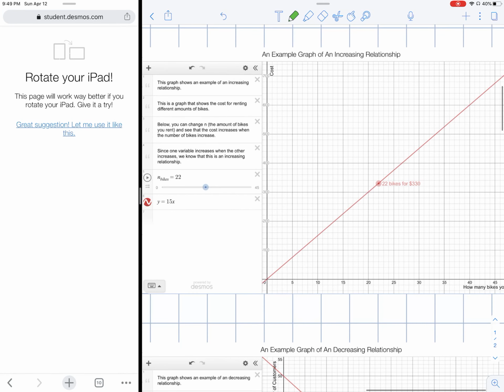And there's an example that's given here. It says this graph shows an example of an increasing relationship. This is a graph that shows the cost for renting different amounts of bikes. Below, you can change N, which is the amount of bikes that you rent, right here. And you can see that the cost goes up when the number of bikes goes up or increases.